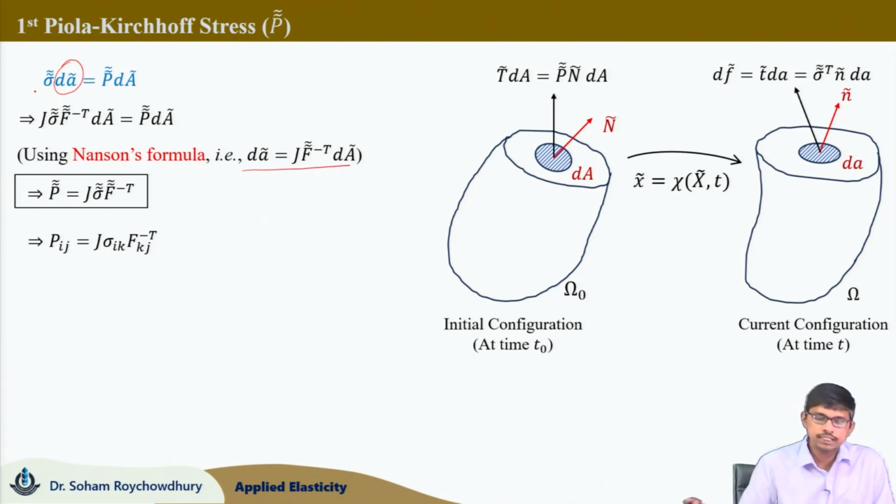Now, removing the transpose sign from the last term and flipping the indices, this would be J times sigma i k F inverse j k. I have removed the transpose sign and flipped these two indices j and k.